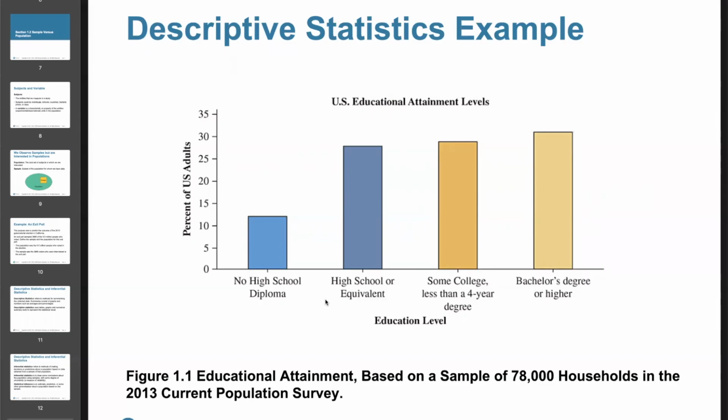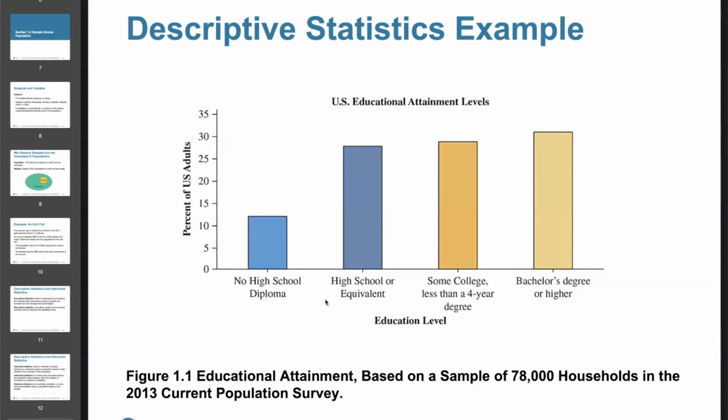These bars represent the percentage of each category of education attainment levels. As you can see, it's obvious that bachelor's degree or higher is the highest category, about 30%.